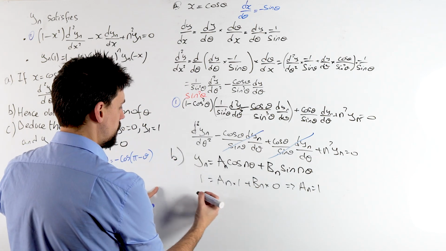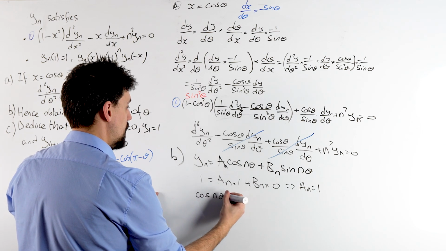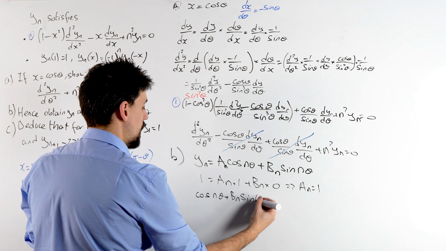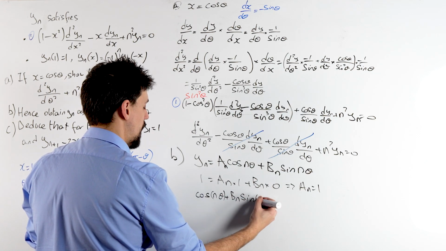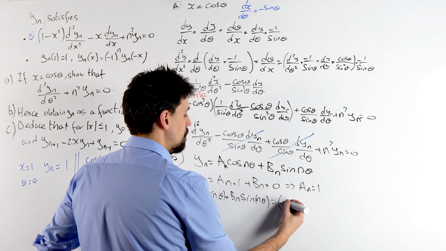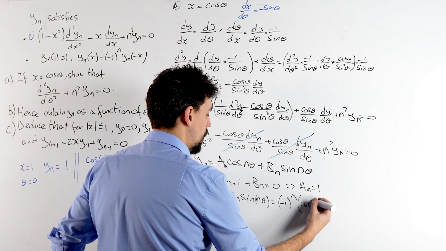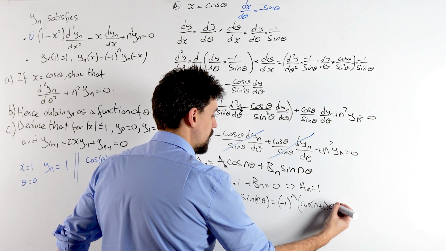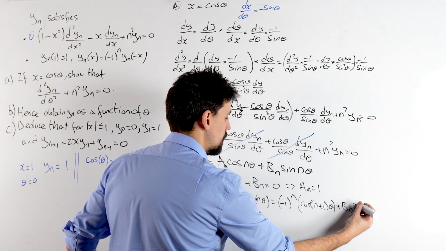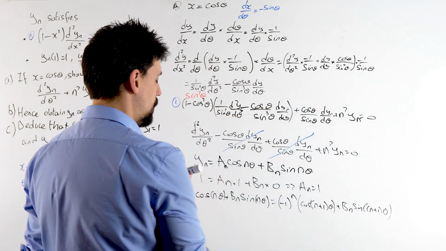So I know that cos nθ plus bₙ sin nθ, let's put some brackets around this, it's going to be helpful in a second, is equal to minus 1 to the n of cos n(π minus θ) plus bₙ sin n(π minus θ). Have we disappeared off the screen yet?